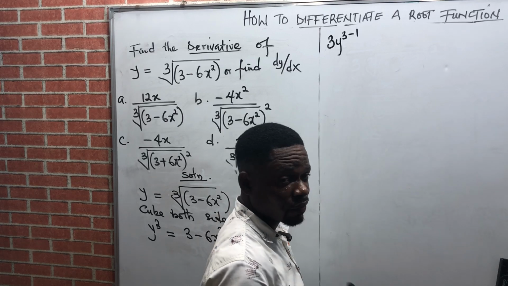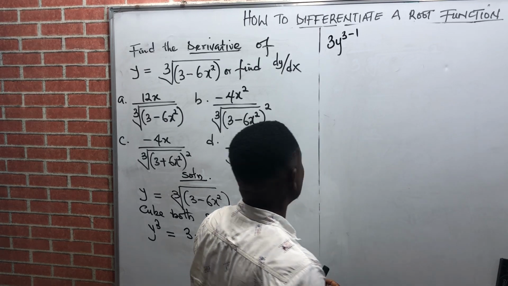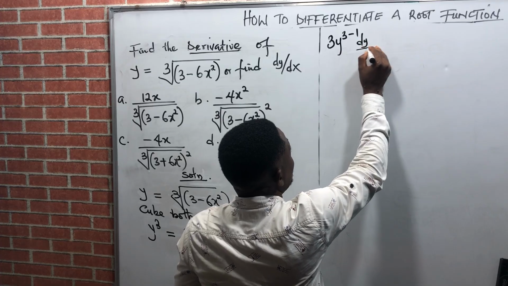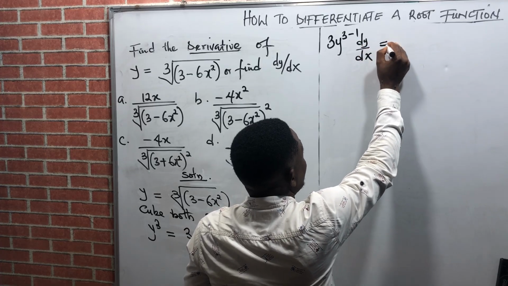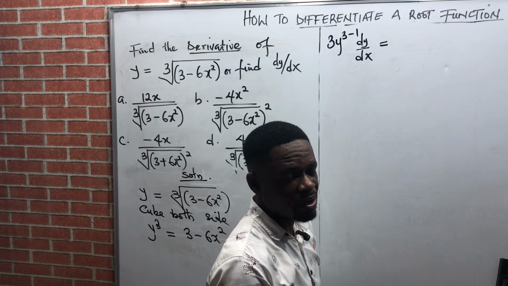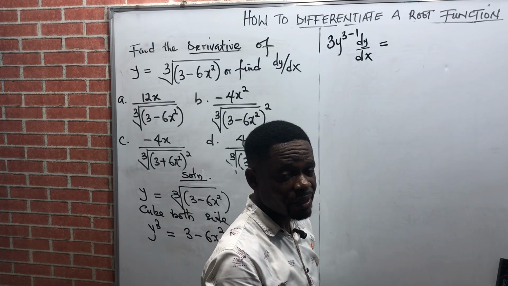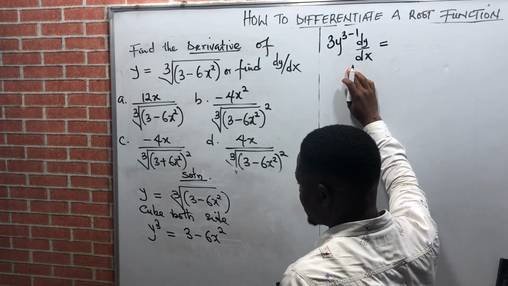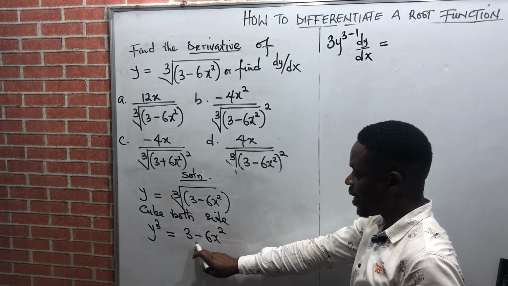That is the formula for differentiation. And because we are differentiating y, don't forget to put dy over dx. The essence is that y is a function of x, or invariably, y is dependent on x. Then if I've done the left-hand side, let us now differentiate the right-hand side.